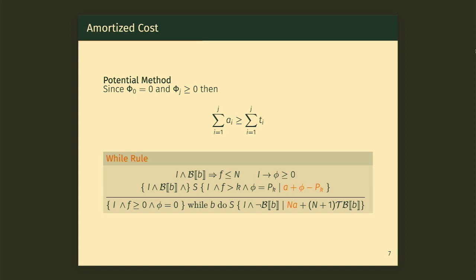So, if we can prove that a plus the variation in potential is an upper bound on the execution of the body s, then we can define the cost of the while as being the sum of the amortized cost for every loop iteration, so n times a, plus the evaluation of the condition of the while b, n plus 1 times.